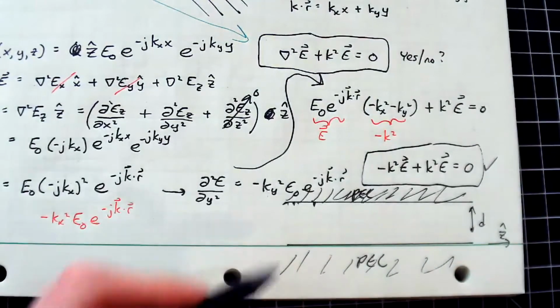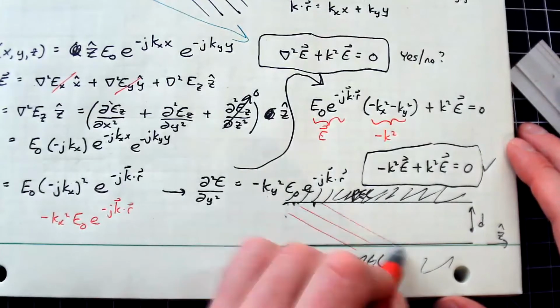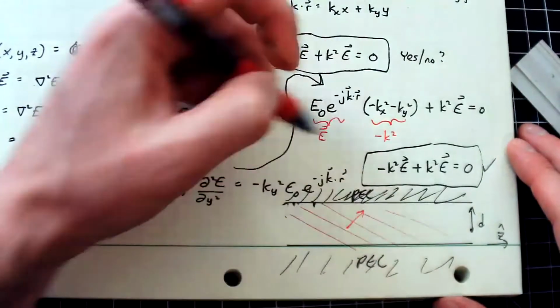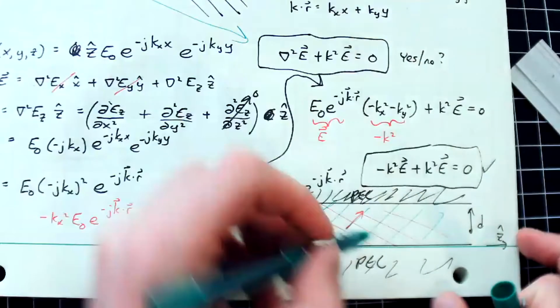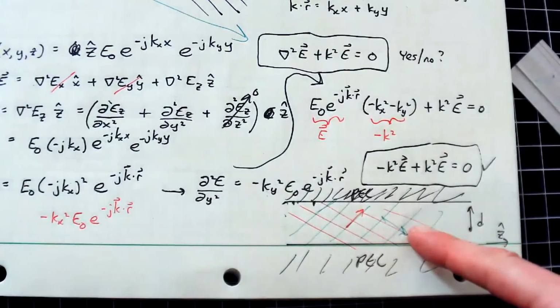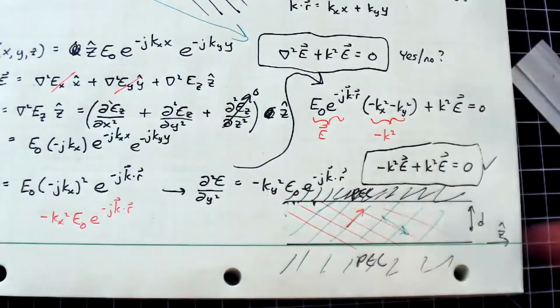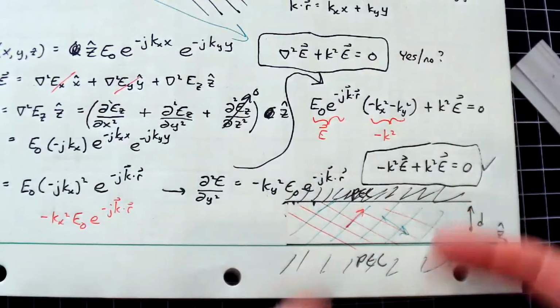And the solution will basically be a wave. Let's see if I can draw this. It'll be a superposition between one wave going this way and then a second, equal and opposite wave going that way. So I have one plane wave going up, one plane wave going down. I add them together. Each one of them is a solution, so their superposition is a solution.